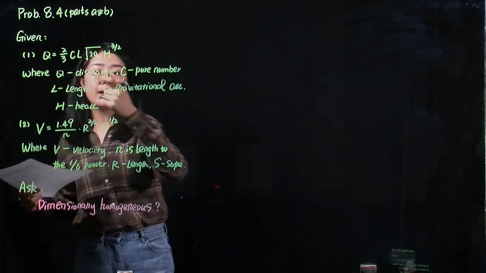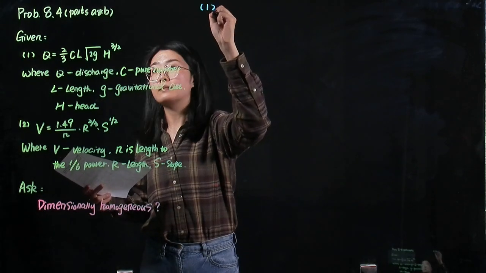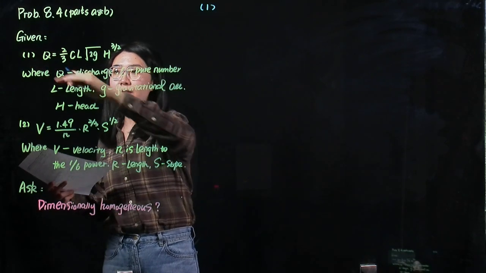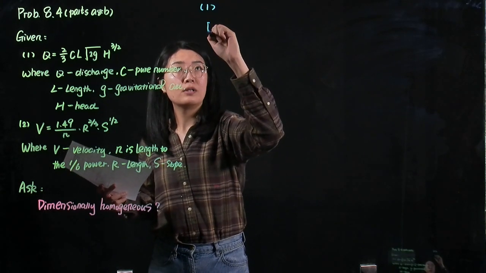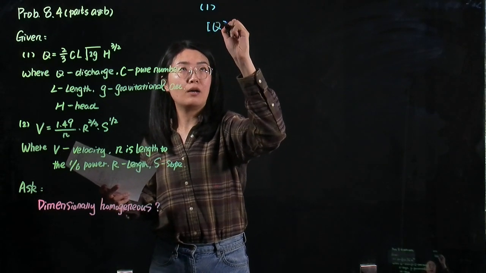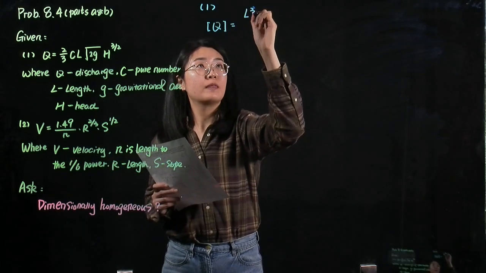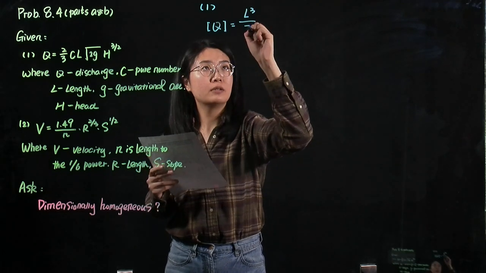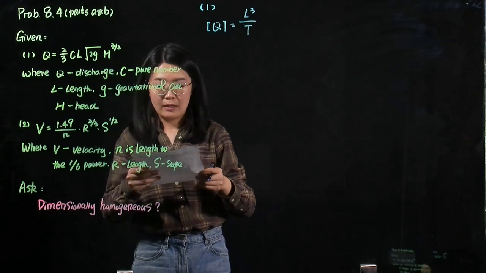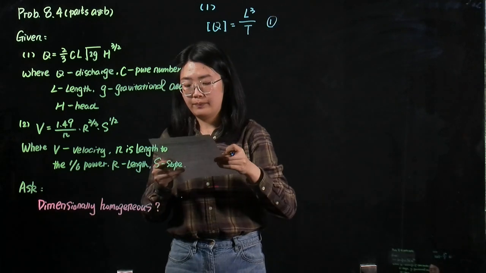So let's take a look at the first one. On the left-hand side, it is Q. So the dimension of the discharge should equal L to the power of 3 over T. And we call it equation 1.